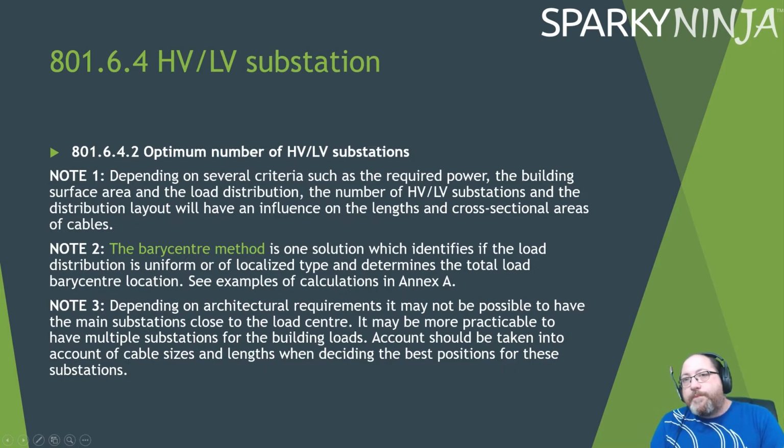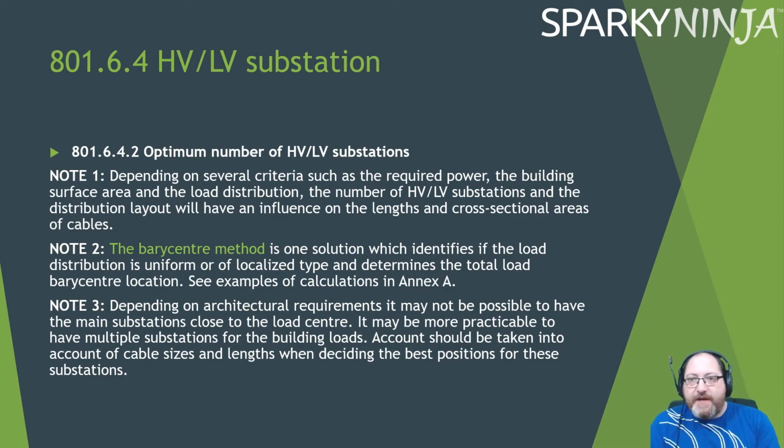We've got optimal number of substations. So depending on several criteria such as the required power, the building surface area, the load distribution, the number of substations and distribution layout will have an influence on the lengths of the cables. So this is all again about shortening it to make sure that the length can be short and the sizes are large to reduce losses.